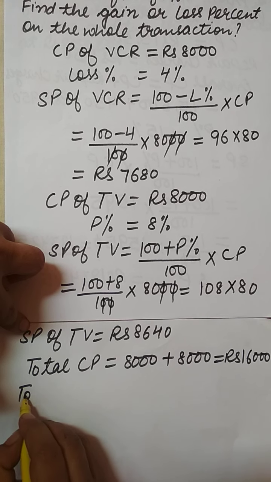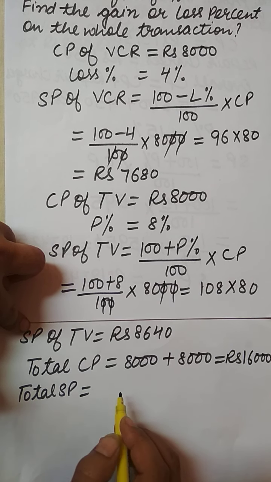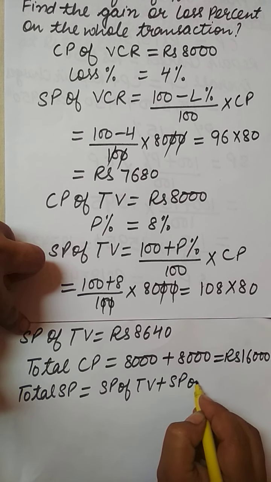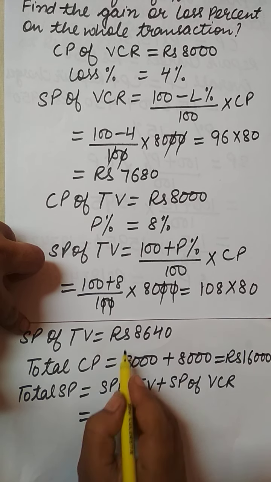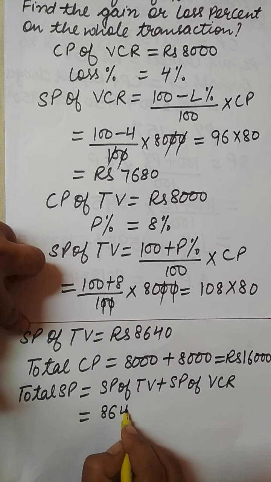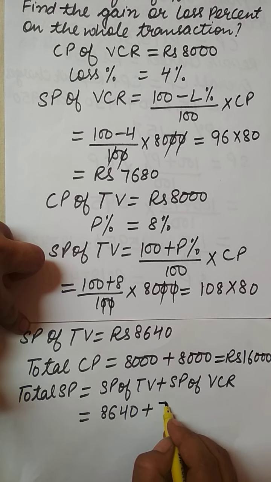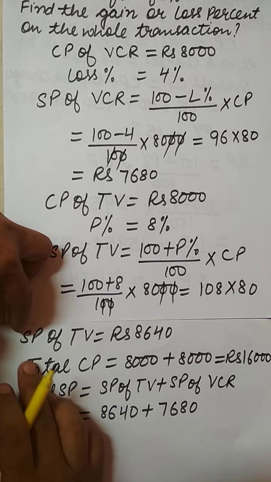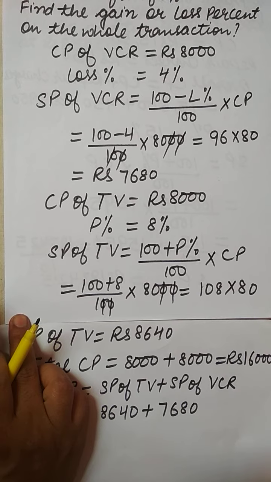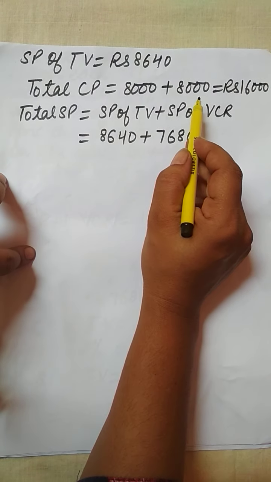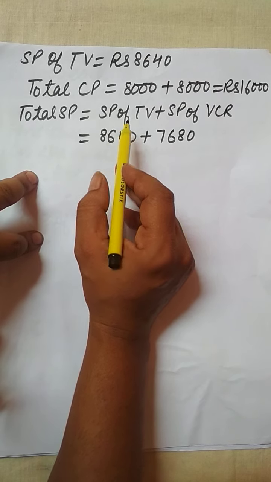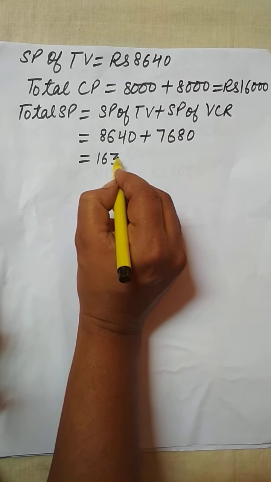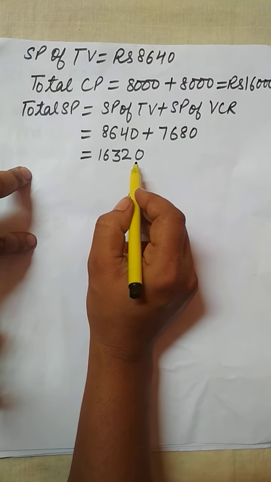And now the total selling price is equal to selling price of TV plus selling price of VCR, that is selling price of TV is 8,640, selling price of VCR is 7,680. Now 8,640 plus 7,680 is equal to 16,320. This is the total selling price.